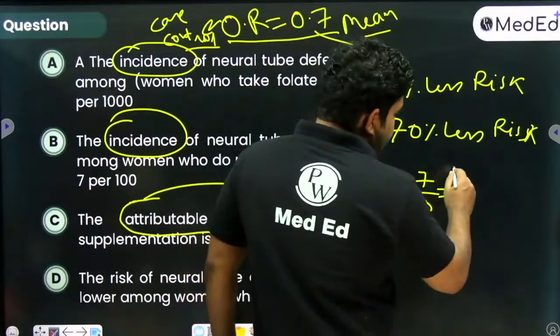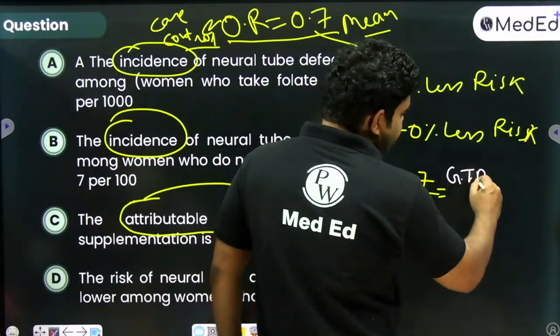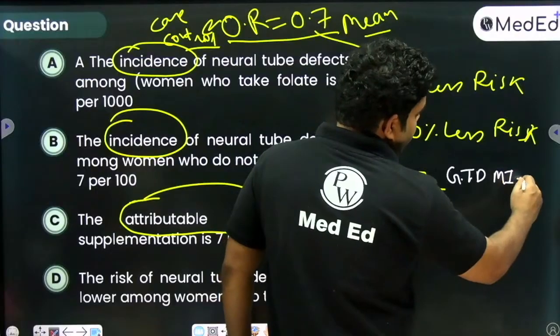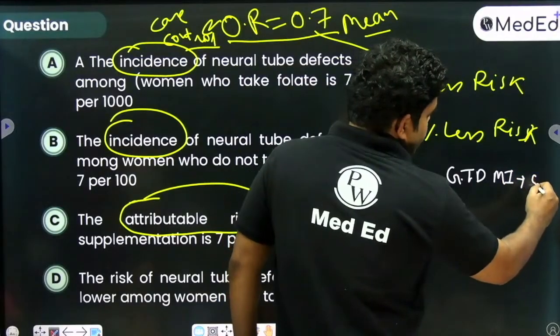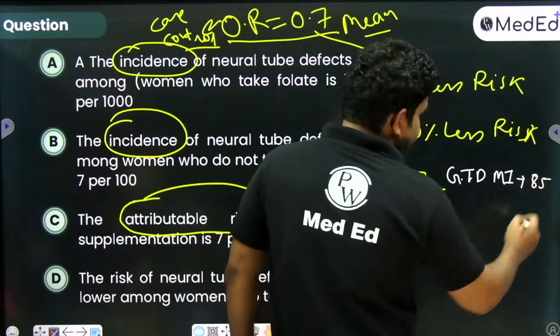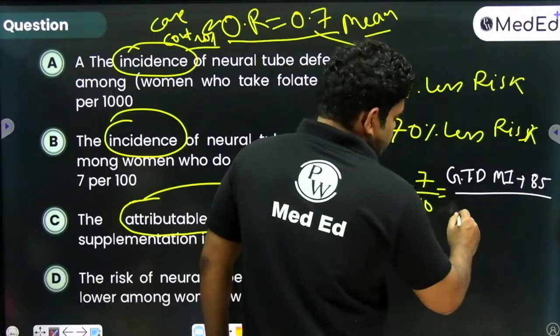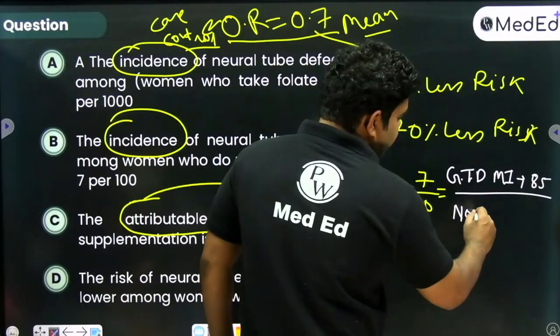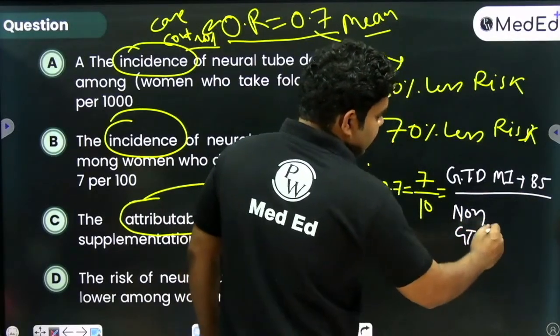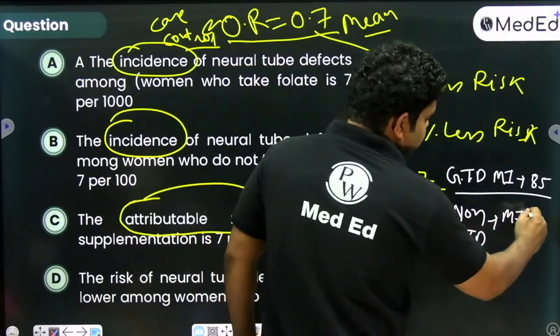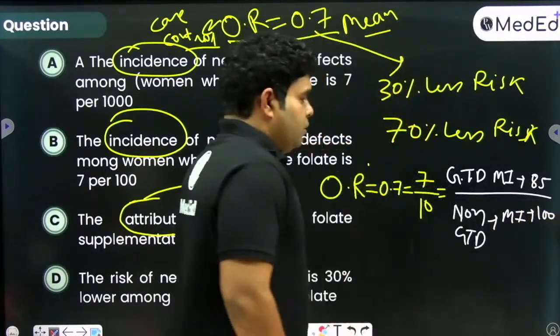And they found that in the green tea drinkers, heart attack was 0.85 or 85, and people who are not drinking green tea, non-green tea drinkers, they have heart attack, let's say 100.